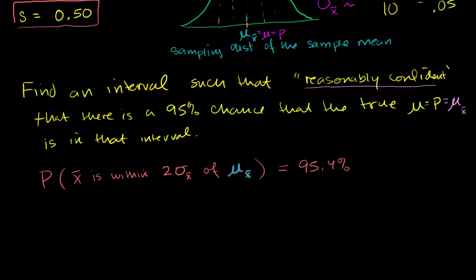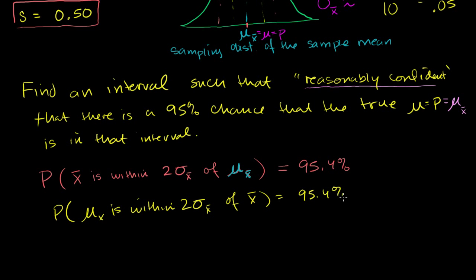Now, this statement is the exact same thing as saying the probability that the mean of the sampling distribution is within two standard deviations of the sampling distribution of x is also 95.4%. These are the exact same statement. If x is within two standard deviations of the mean, then the mean is within two standard deviations of x.